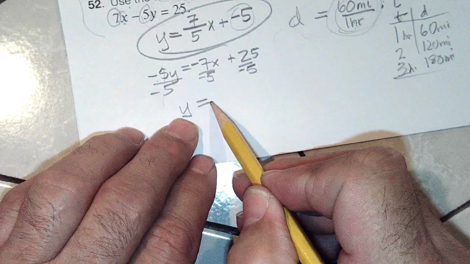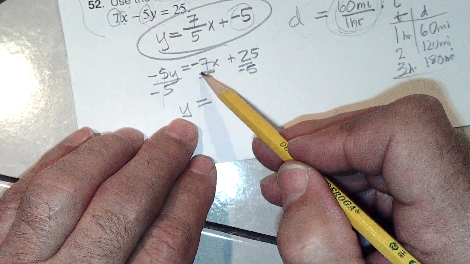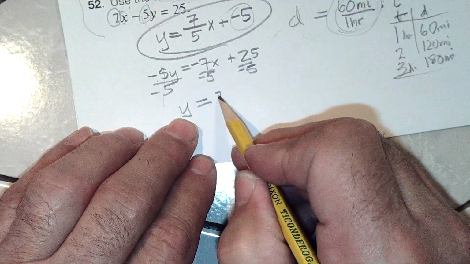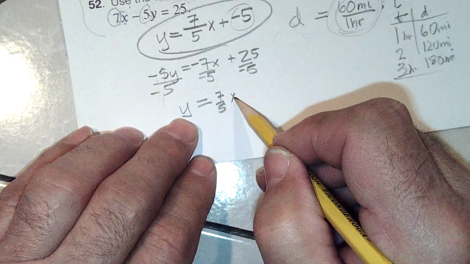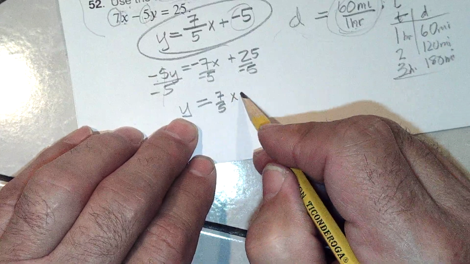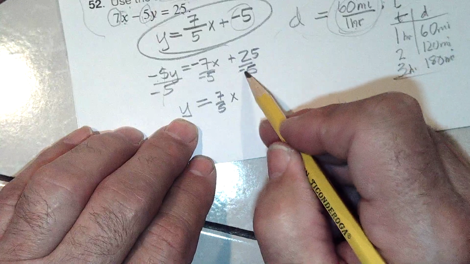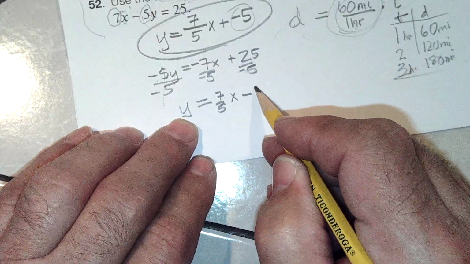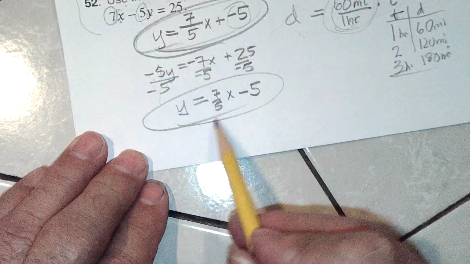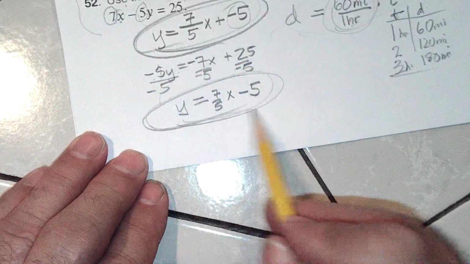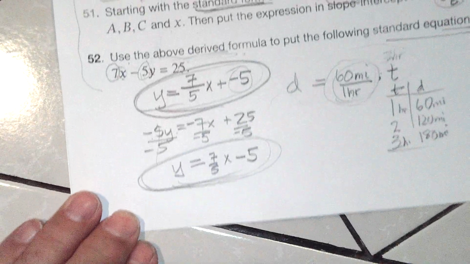The y-coordinate can be found by taking, see, negative 7 divided by negative 5 is the same as 7 over 5. Taking 7/5 times the x value, and then 25 divided by negative 5 is negative 5. I did it a little differently, and then I did it the way they expected you to do it.